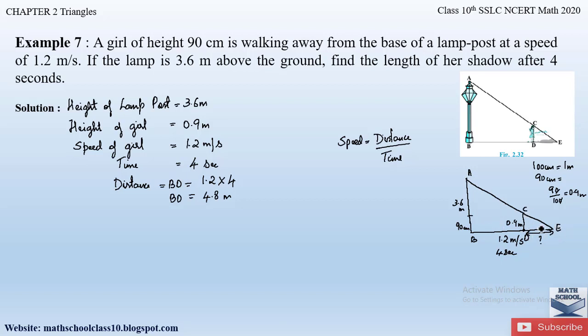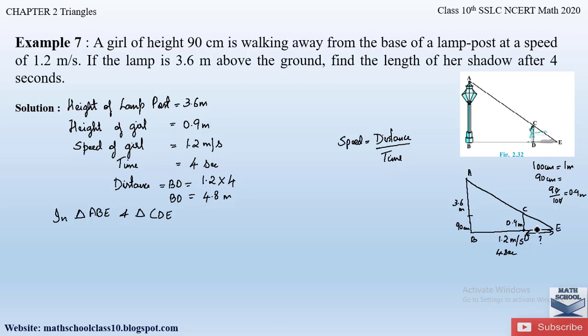If we prove these two triangles are similar, then we can take the proportion of the sides BD and BE and AB and CD of these two triangles. So let us write down, in triangle ABE and triangle CDE, we can see that this angle E is common for these two triangles.